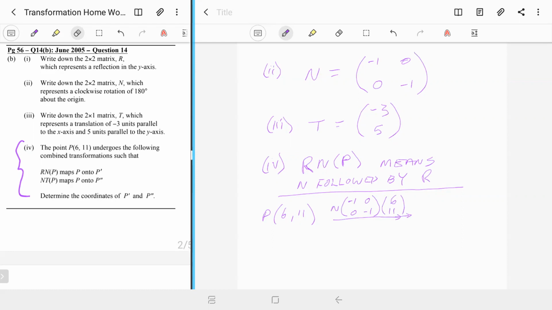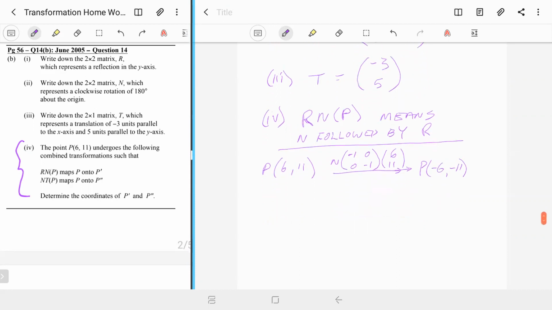The final point you're looking for is P prime when you're done. So it's -1 times 6, which is -6, and -1 times 11, which is -11.